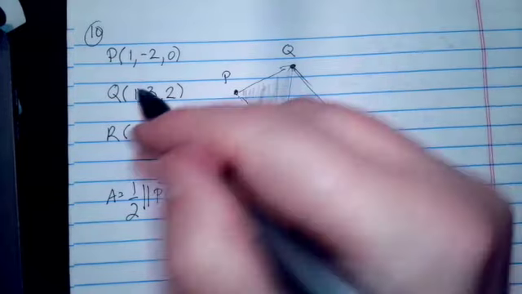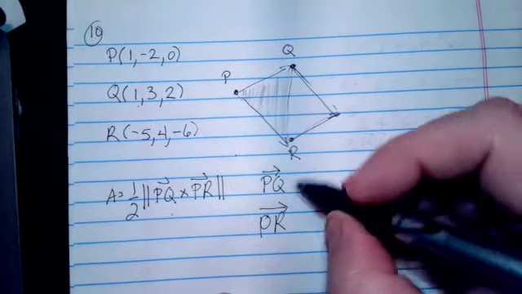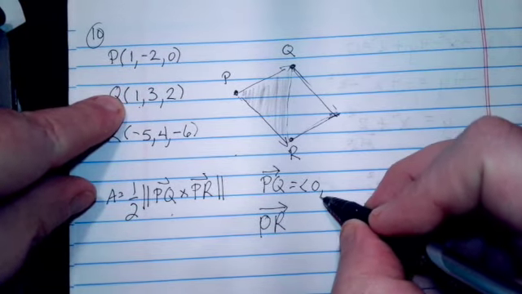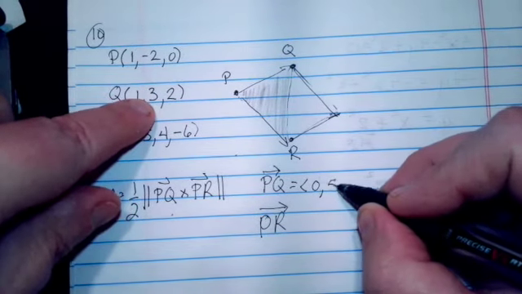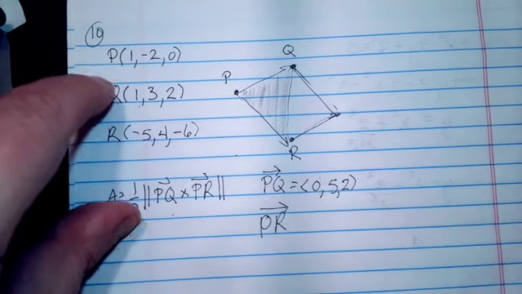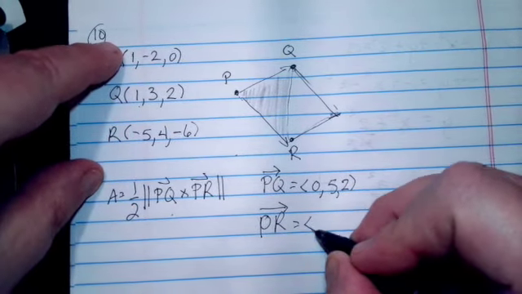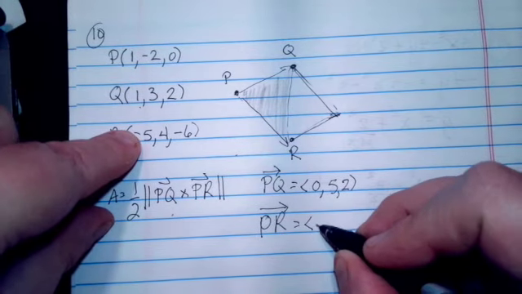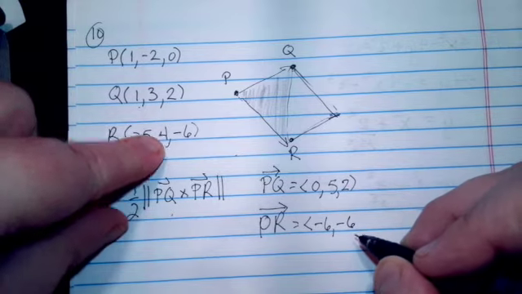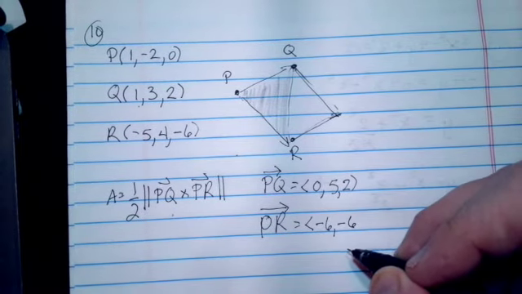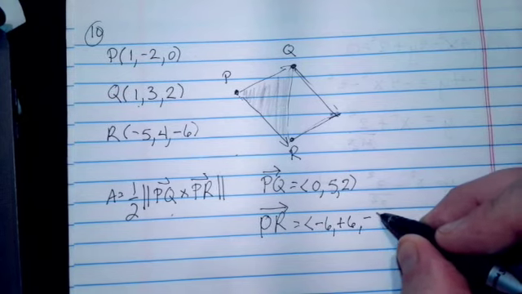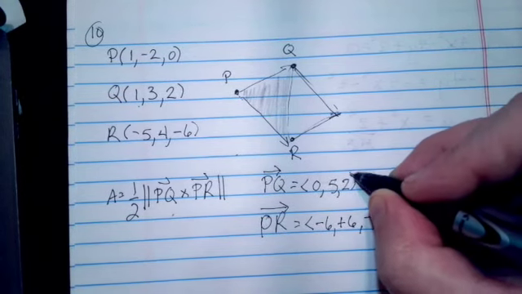Alright, so for PQ, we're going from here to here. Going from P to Q, the X component does not change at all. The Y component grows by 5, and the Z component grows by 2. From P to R, the X component shrinks by 6. The Y component shrinks by 6. Is that right? No, the Y component grows by 6, and then the Z component grows by 6.